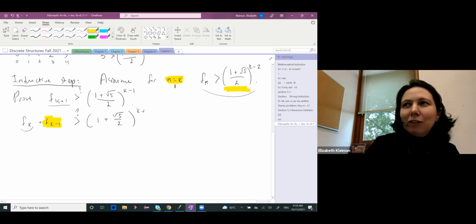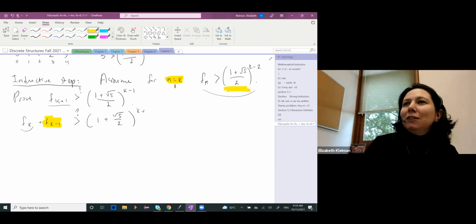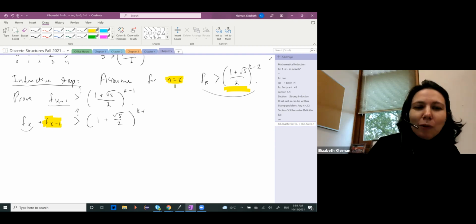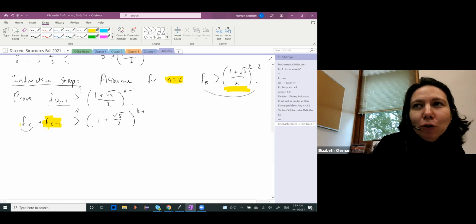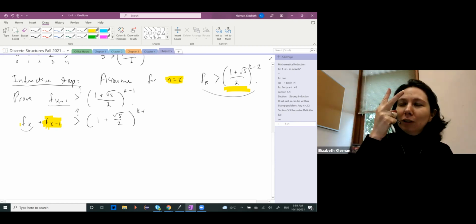That's not good. So what type of induction proof should I use? If traditional mathematical induction is not working because I have two terms I need to look at, not just one term before me, I need to look at two.